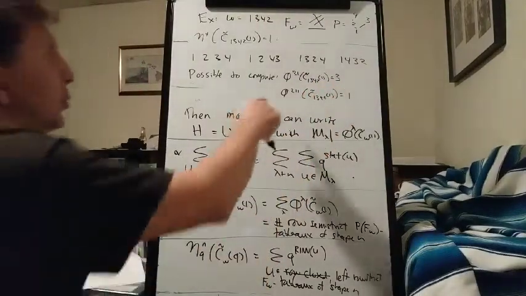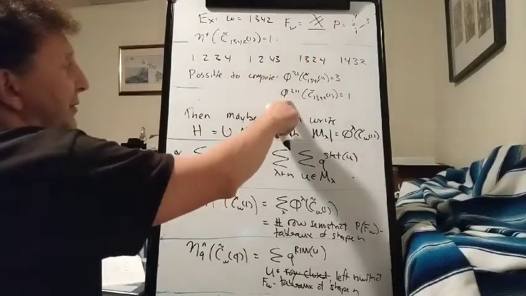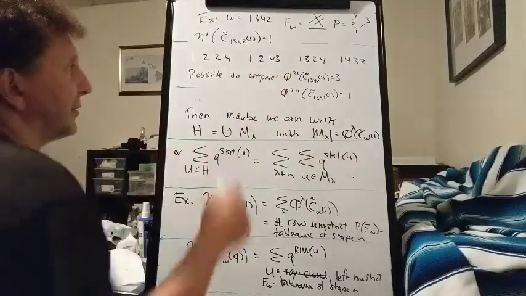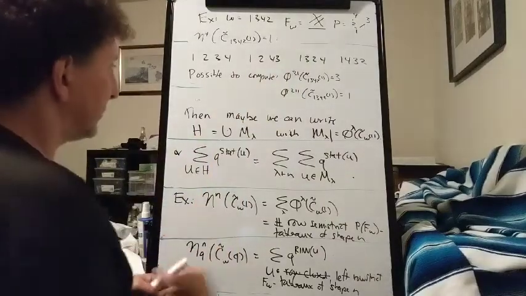So we might ask which one of these tableaux corresponds to the phi 2,1,1 evaluation, so that the other 3 correspond to the 3,1 evaluation.